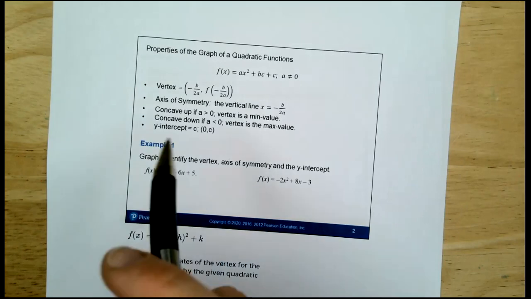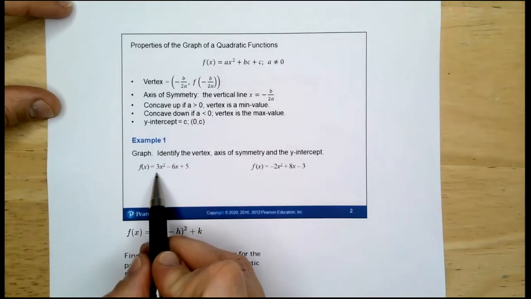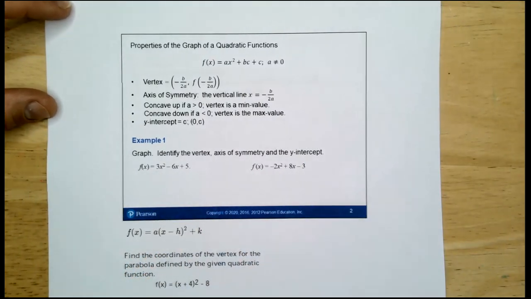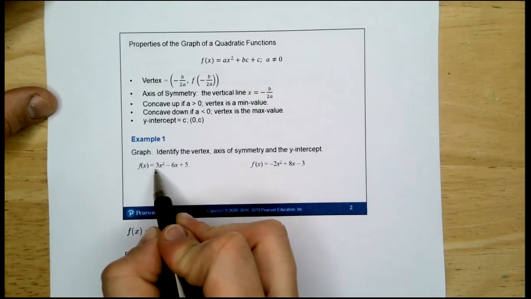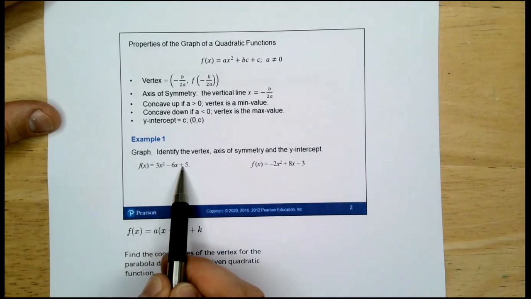What is the ordered pair of your vertex? Good? You find that by labeling the 3 parts of your equation in standard form. So you have the term, for example, 3x squared minus 6x plus 5.